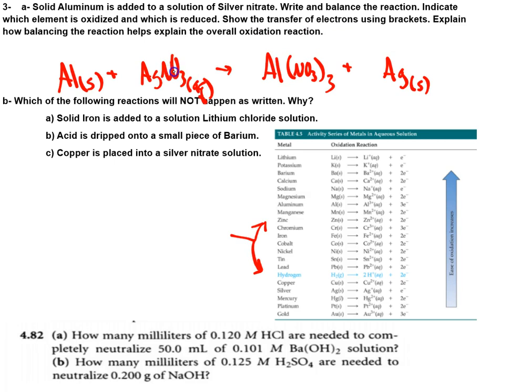No, it's reduced. Yes. Because it comes out as a lone element.